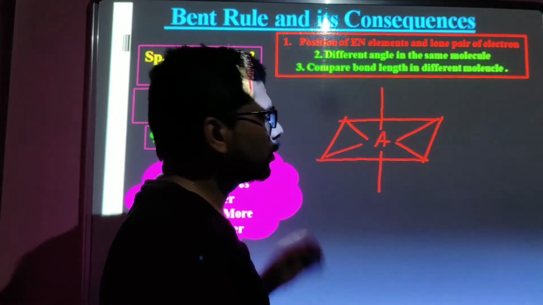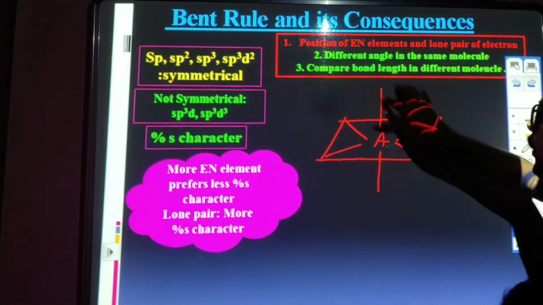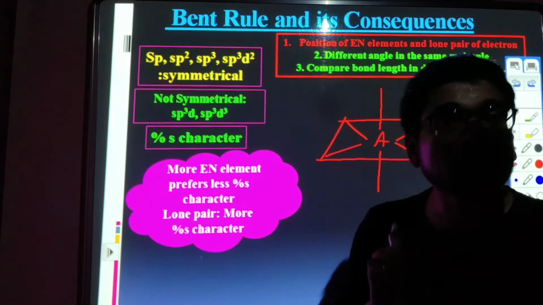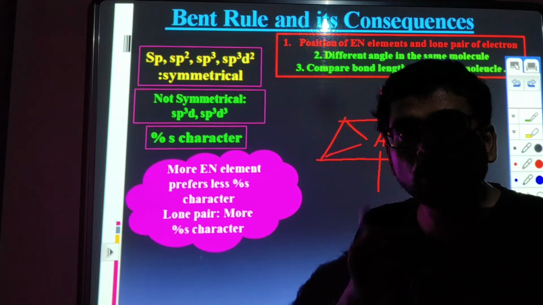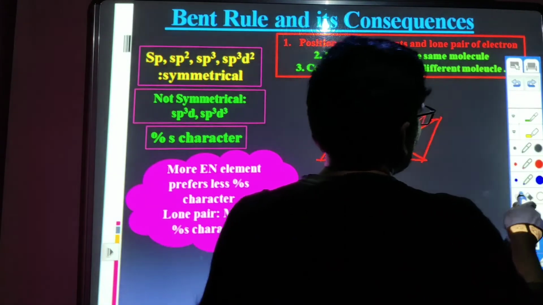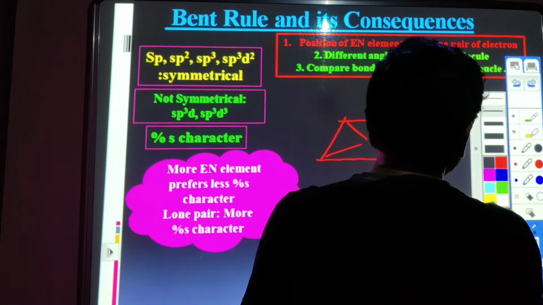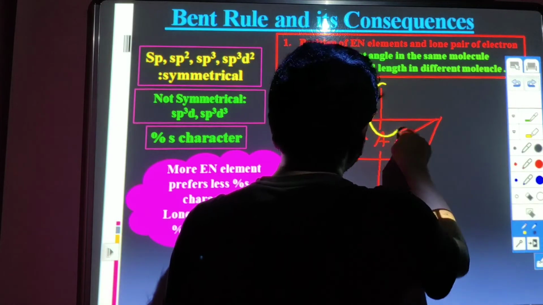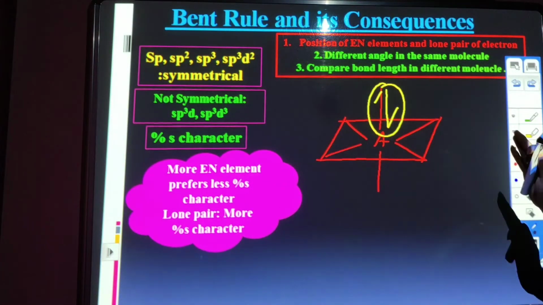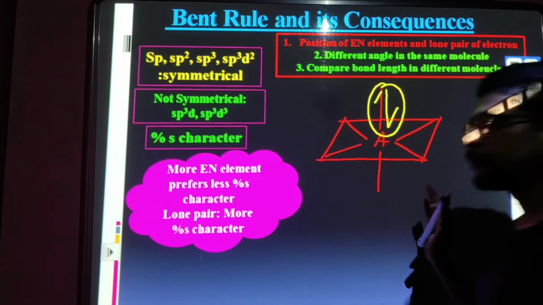That I have told you. Now, in case of octahedral geometry, say you need to put one lone pair. Where will you put it? If you put it here, it's okay, no problem.